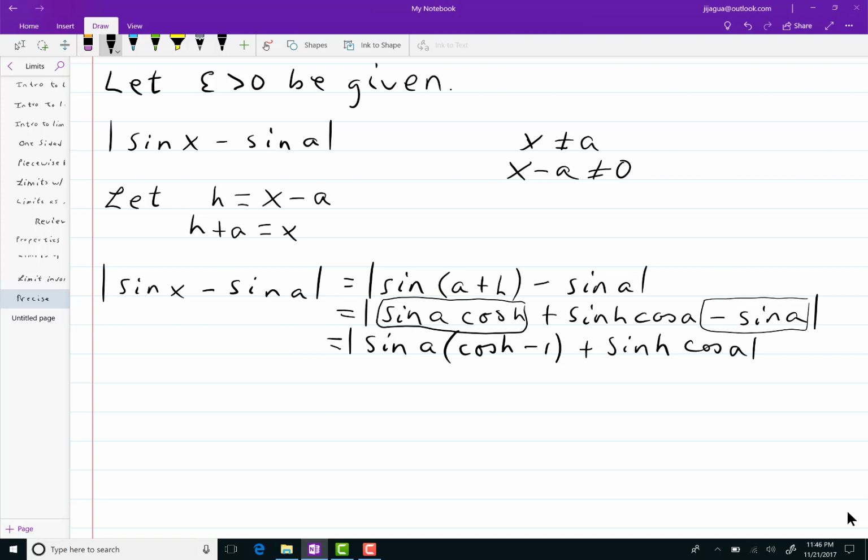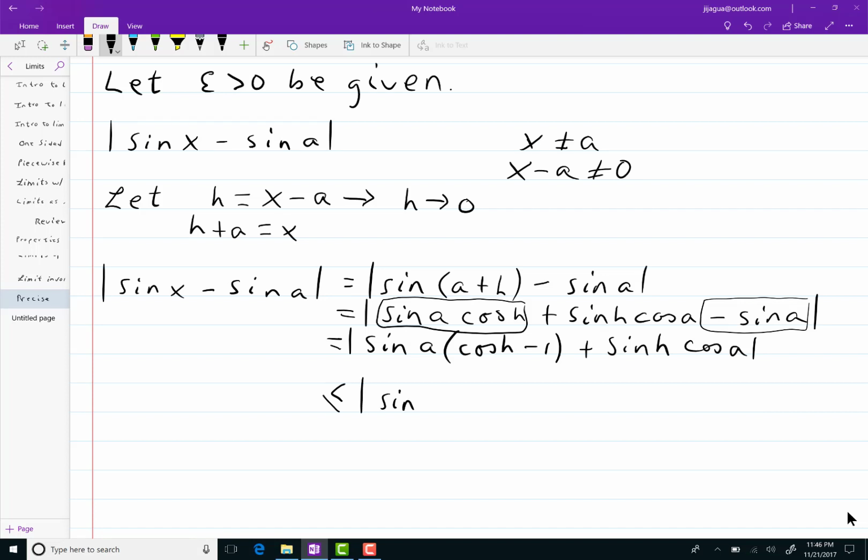Now h, keep in mind, since x is going to a, this implies that h is tending to 0. That's important.